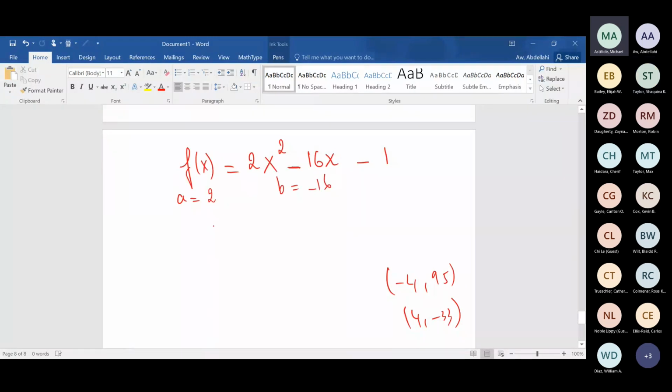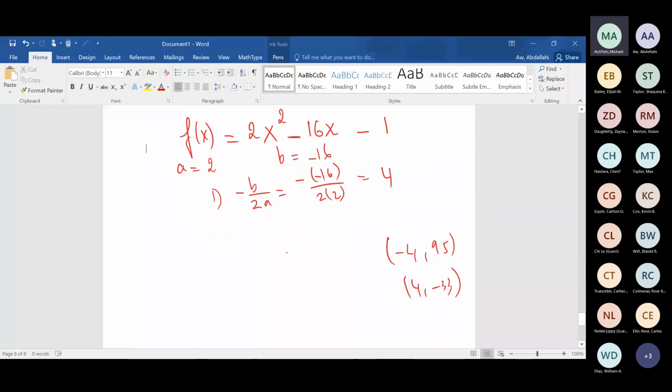Okay, so the h here, first we do negative b over 2a, which is negative negative 16 over 2 times 2, which is 16 divided by 4, which is 4. We have two negatives and they cancel out and we have 4. So which means my h is 4, right? Comma.